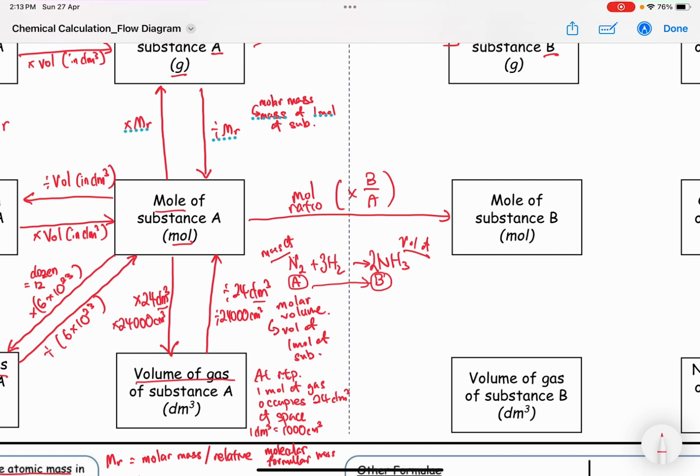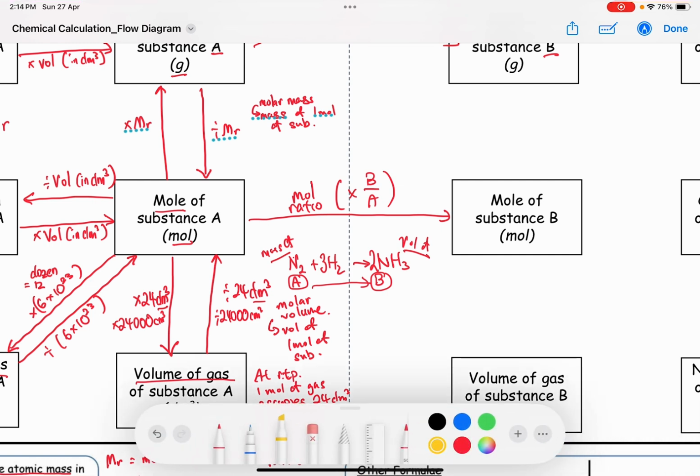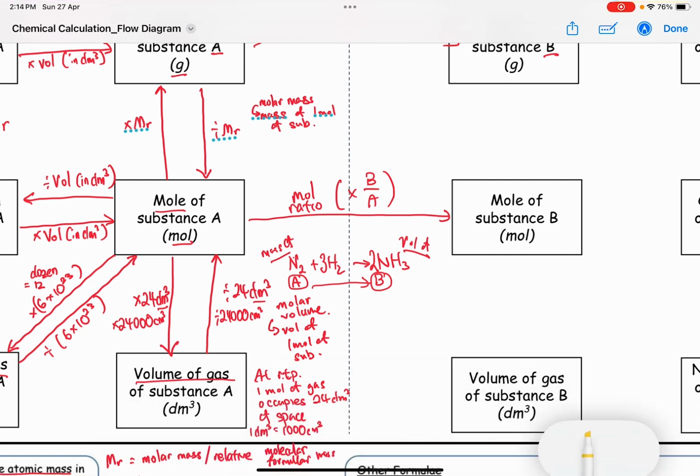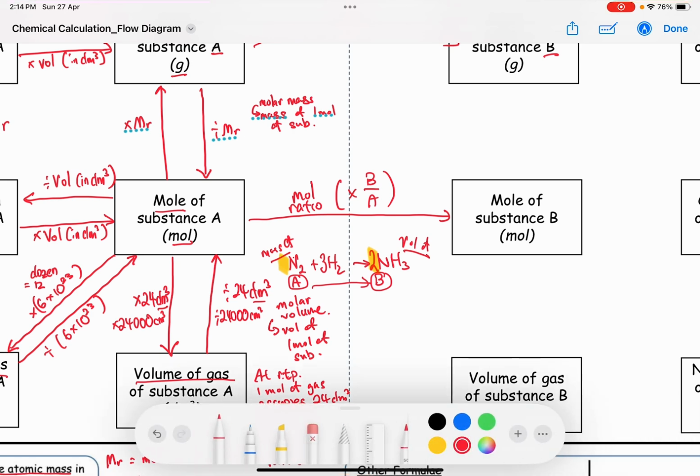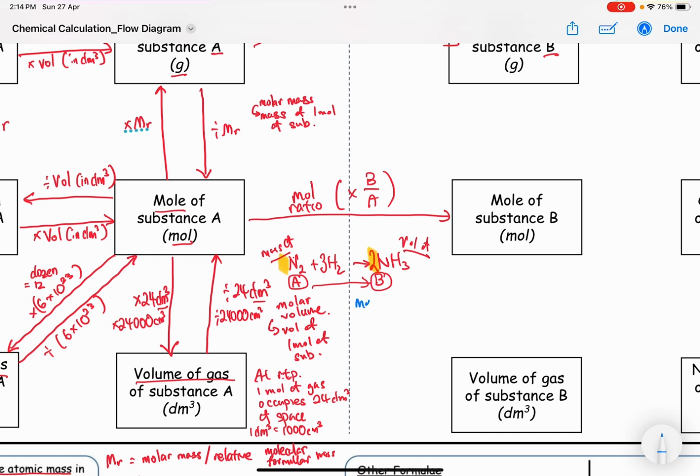So what is the mole ratio for this particular conversion? Take note, it will always be the number just in front of a particular substance. So in this case, the mole ratio will be equivalent to 2 over 1. The 1 is over here.